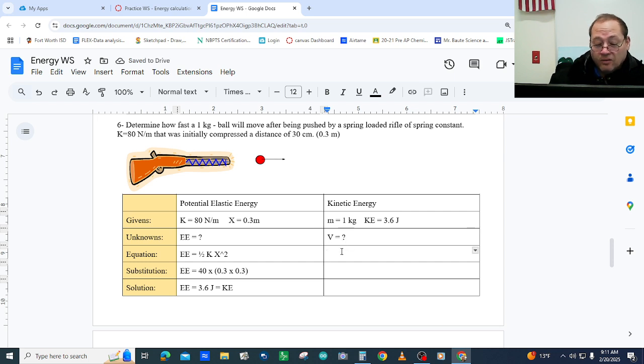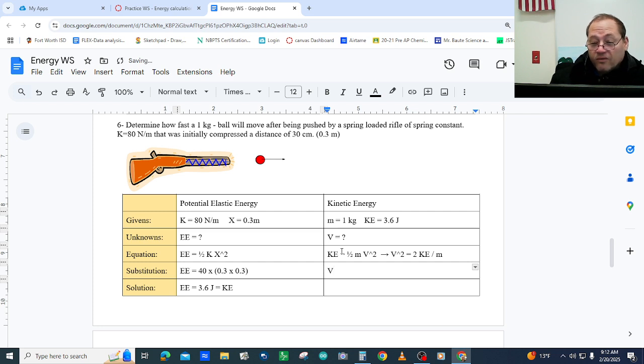For that, we use the equation for kinetic energy, half the mass times the square of the velocity, as we did on the previous problem. We solve for the square of the velocity first, which is 2 times the kinetic energy divided by the mass of the ball, and then we take the square root.